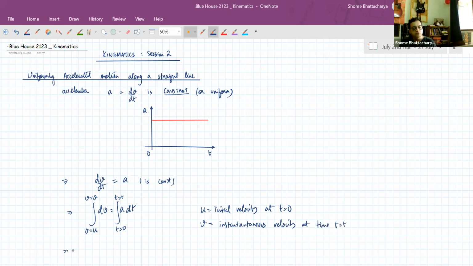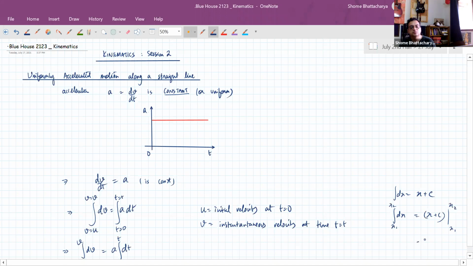Then we can further solve this like this. Here a is a constant, so it comes outside the integration symbol. We know that the integration of dx is x plus c. So the integration of dx from, let's say, x1 to x2 is equal to x from x1 to x2, which just becomes x2 minus x1.